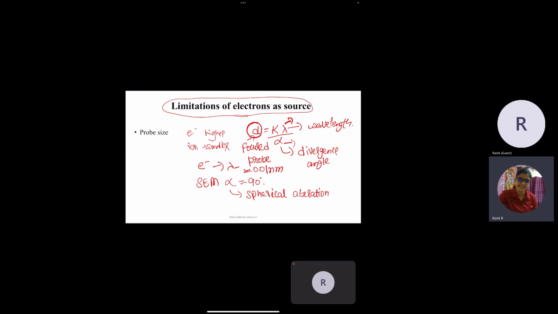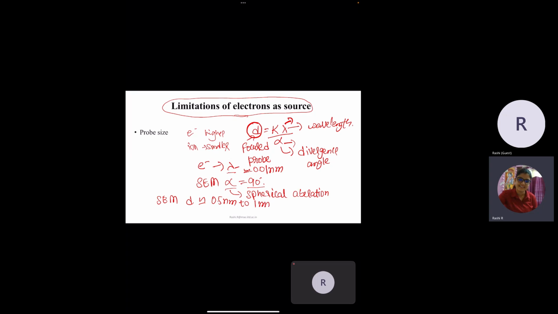So we have to keep the angle in such a way that the aberration is minimum. Even though alpha can go up to 90 degrees, we cannot keep 90 degrees because of the aberration present.